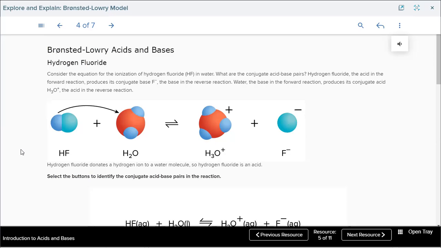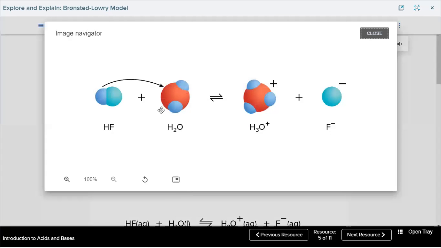So HF is considered an acid or a base? It's an acid. As HF is an acid, H2O will be a base. So H3O plus is considered what? A conjugate acid. Right, excellent.